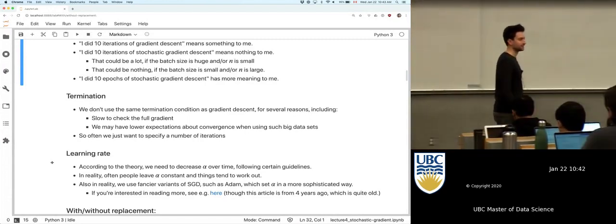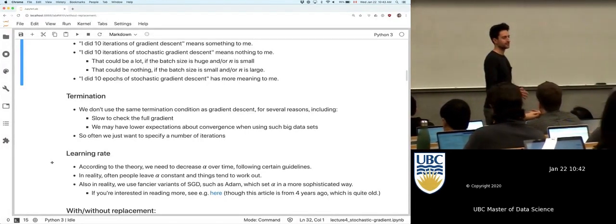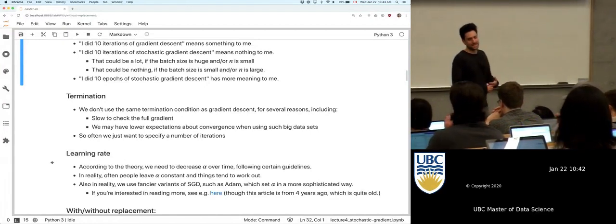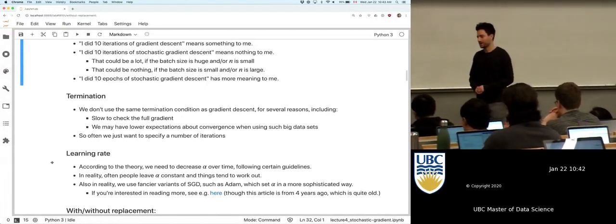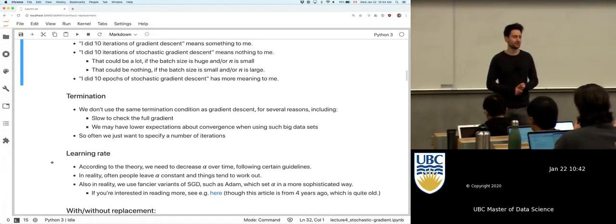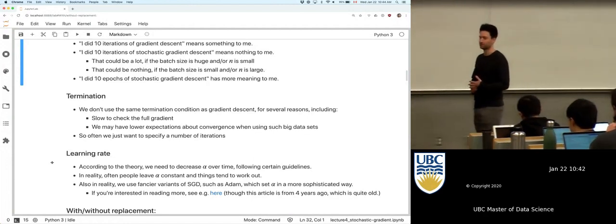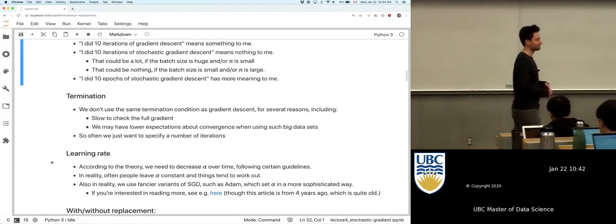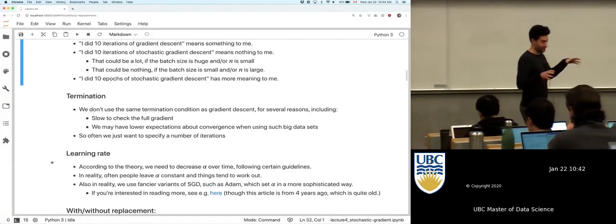In this algorithm, is there a better way to initialize the initial weights, or is it always random? There are rules of thumb and tricks for initializing the weights. I'm assuming in one course, 571 or 573, you talked about scaling your features. Yes? Okay. That's a good idea.